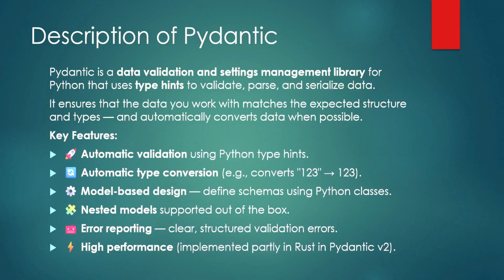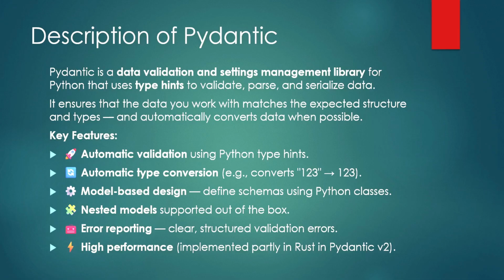Key features: automatic validation using Python type hints. So using Python typing, it automatically validates our types. Automatic type conversion, that is, it converts the string "123" into the integer 123. I'll show you in practical.